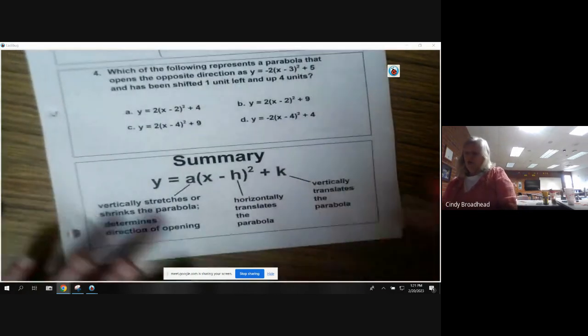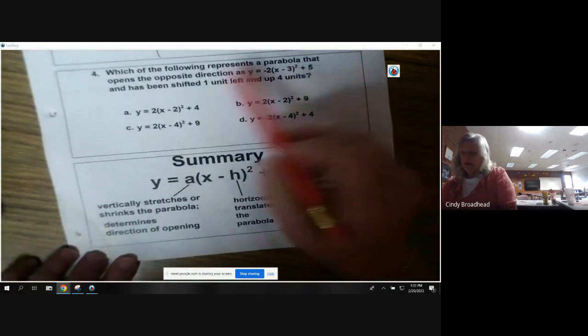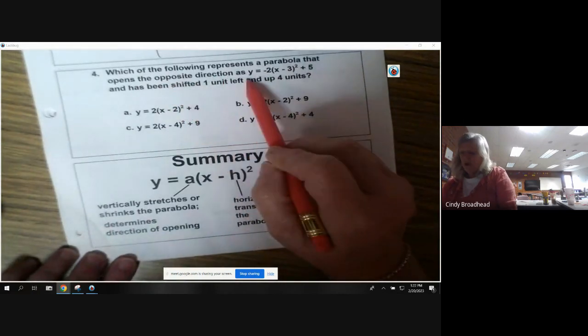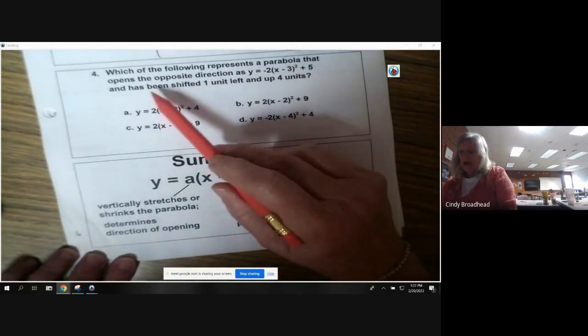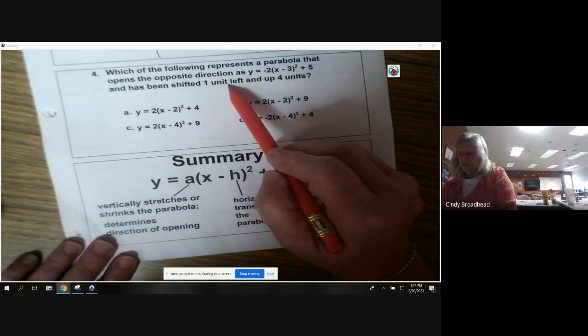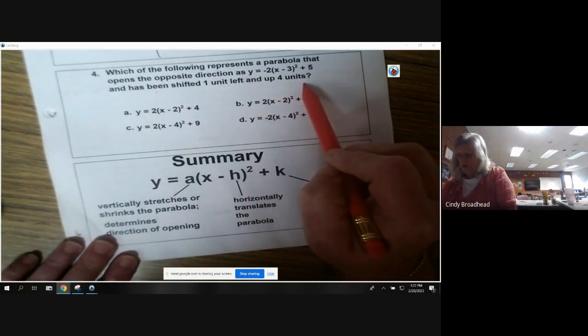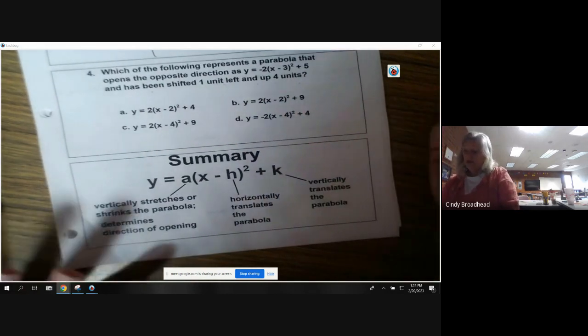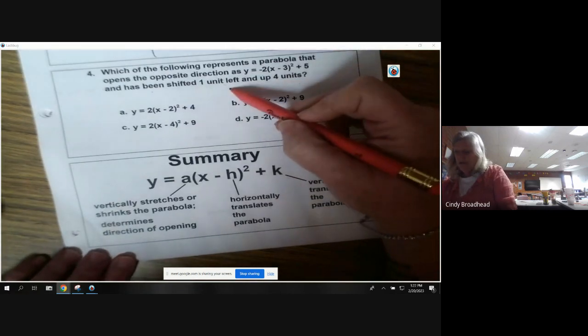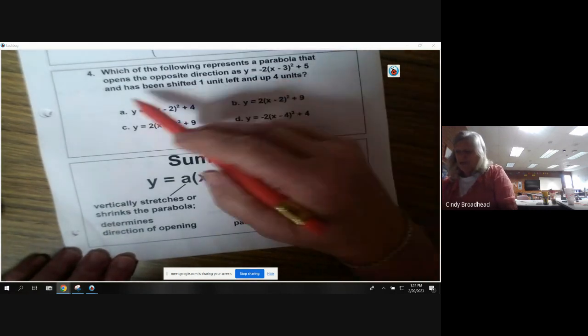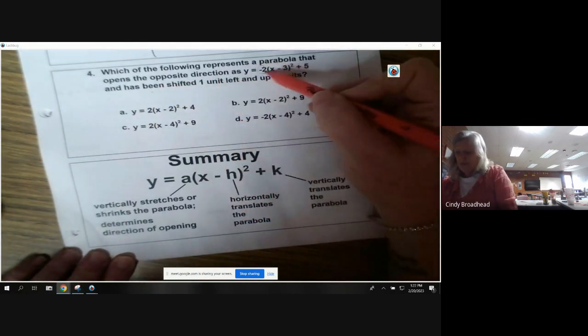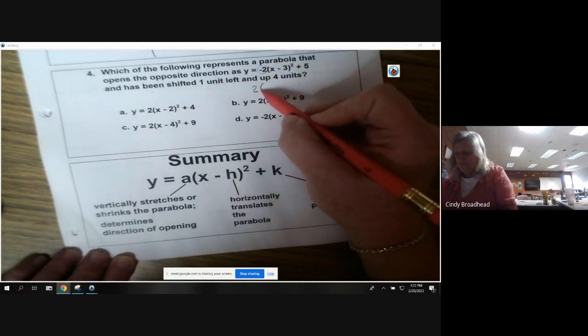All right. Which of the following represents a parabola that opens the opposite direction of this one and has been shifted 1 unit left and up 4 units? Whew. All right, so a lot of stuff going on here. So the first thing I know is if it opens the opposite direction, it would have to be a +2.